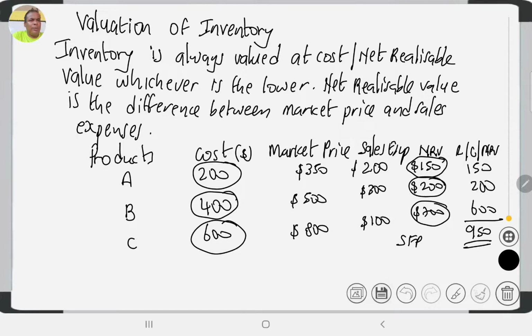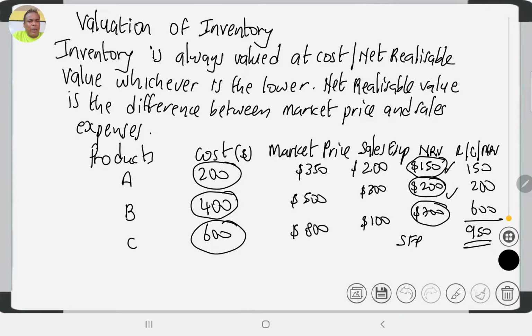So in this case, we will take the lower of cost or net realizable value for the valuation of inventory, which is 150. For product B, the cost is 400, we have bought the stock for 400, and we are expecting to sell it for 500, but we have to incur some sales expenses of 300, and now it can be sold for $200. So of cost 400 and 200, we will take 200.